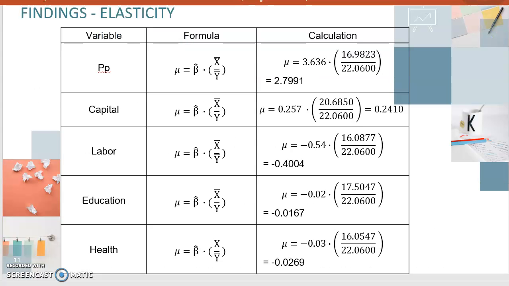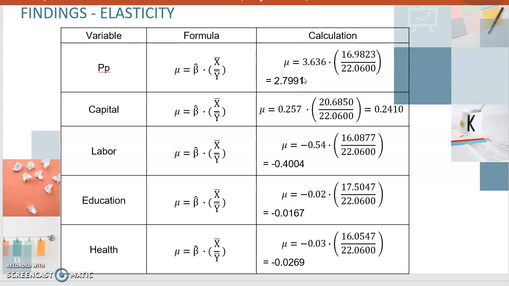Okay, let us take a look at this table of the elasticity findings. So from this table, for example, under the population here, how do we explain this? We can see that the relationship between population and also real GDP is positive. The number is positive here.